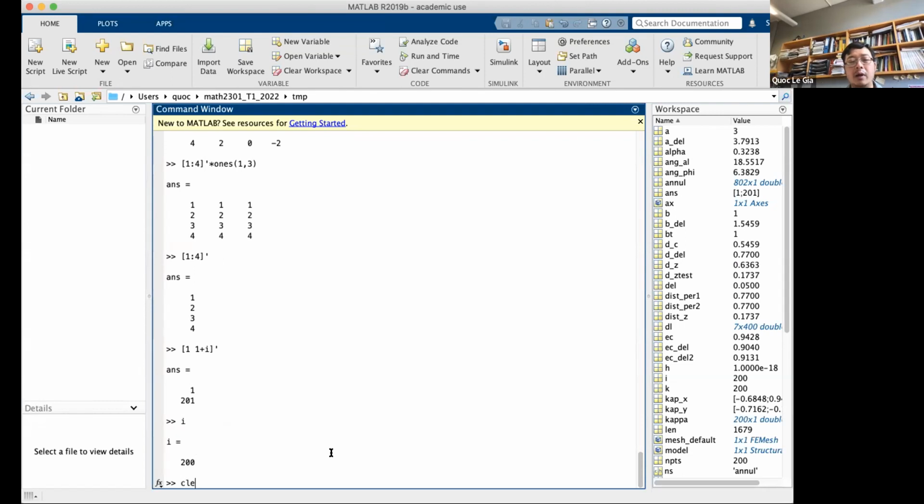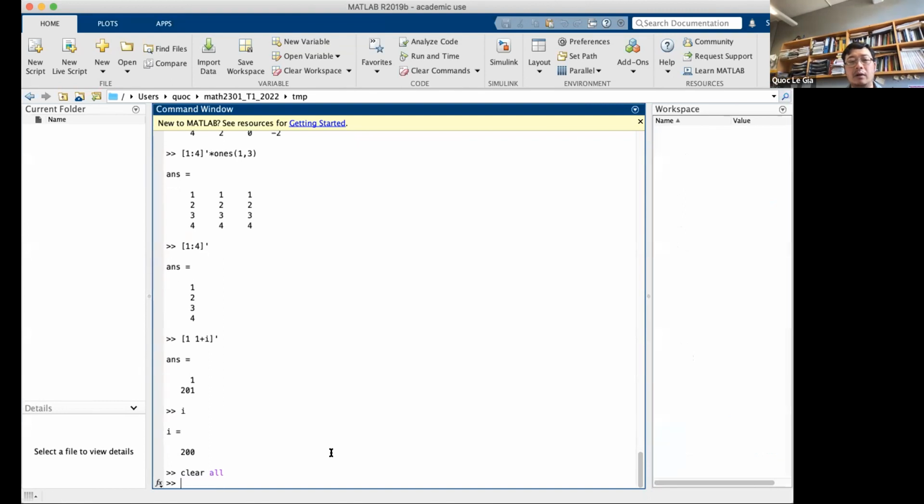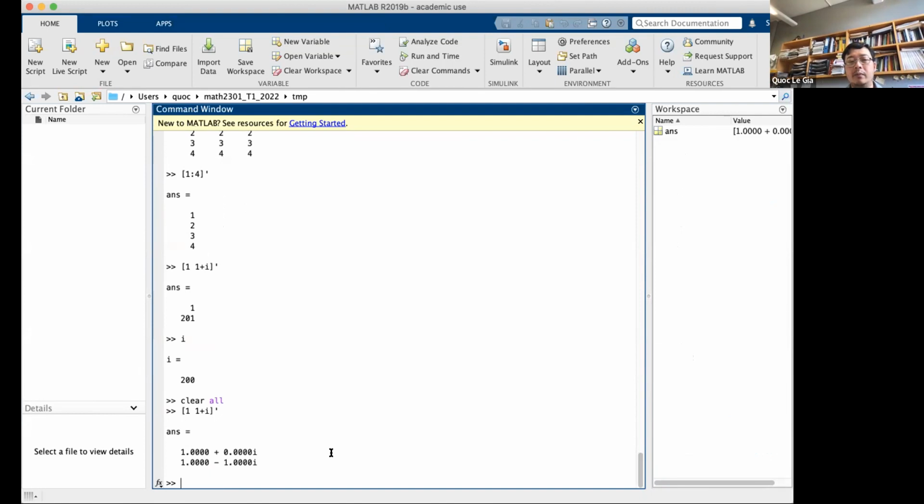No, we have to clear the variable i. Why do we have i equal to 200? Okay, so 1 plus i. When you take the prime, it actually computes the transpose and the conjugate. I just cleared i already.